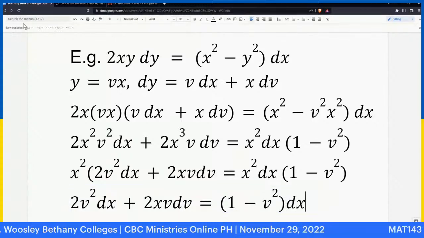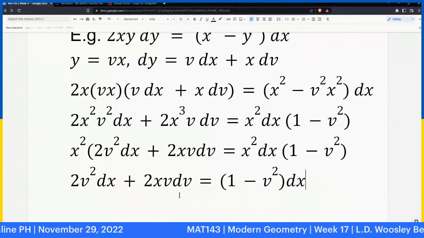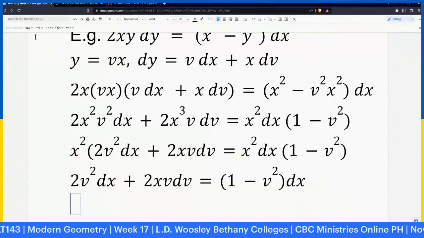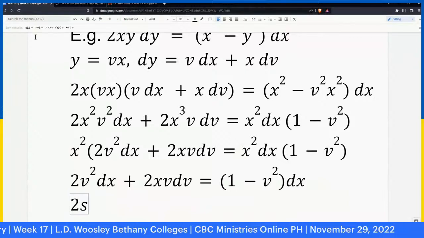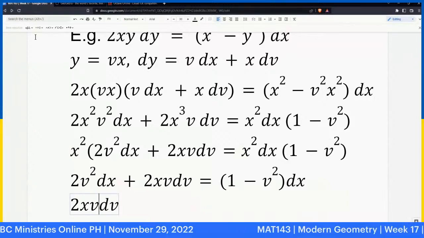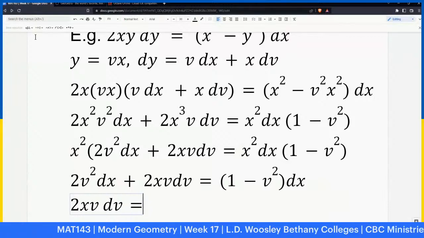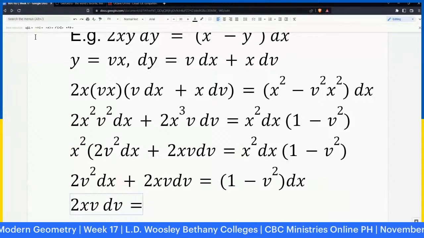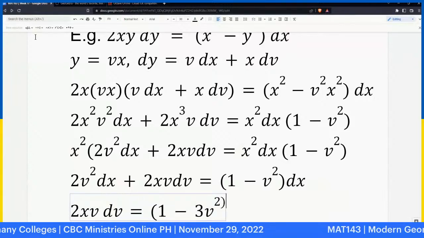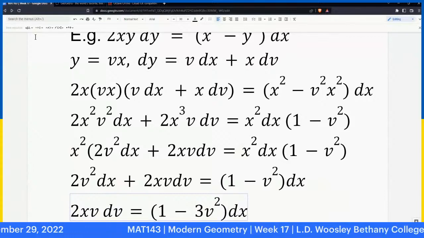Okay, we will combine that here. So magiging 2xb bb is equal now to, so papasok siya sa kabila, Micaela, yung 1 minus b squared. May 2b squared ka sa kabila, magiging 1 minus 3b squared dx. Ayan na, variable separable na.